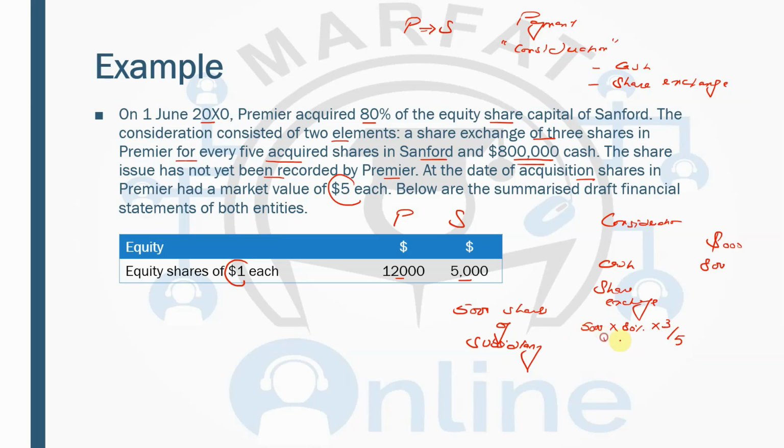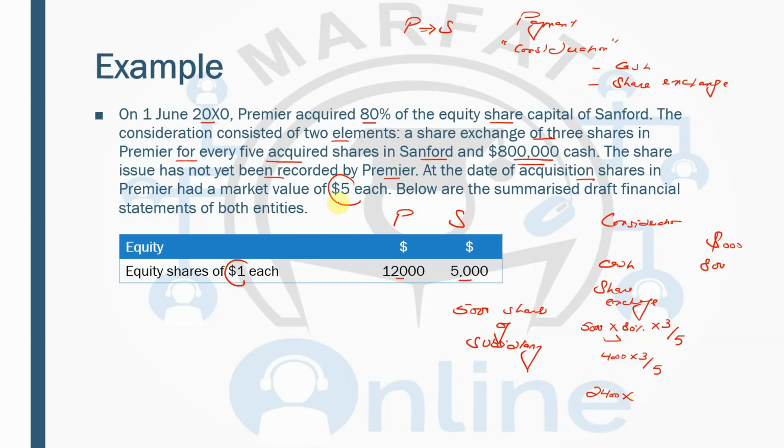Now this 4,000 is the shares acquired. For every 5 shares acquired, we are giving them 3 shares. So when you solve this, 4,000 multiplied by 3 divided by 5, it gives you 2,400 shares. Now how much are these shares worth?